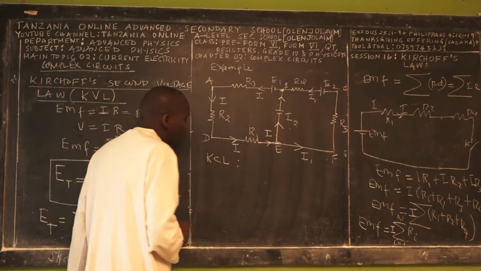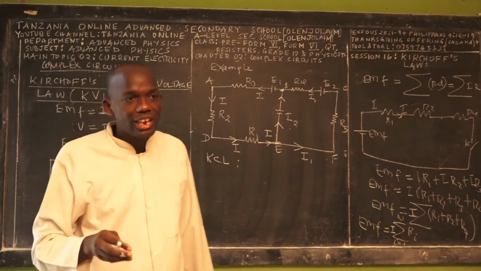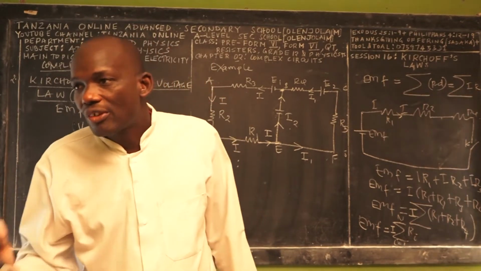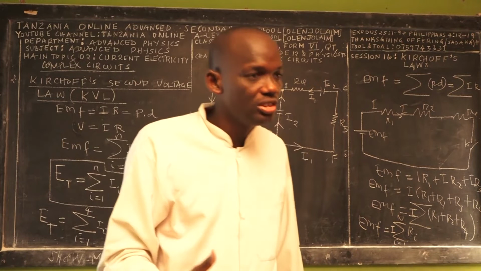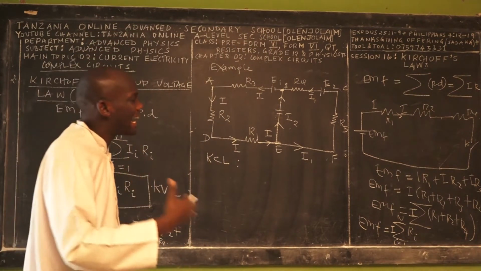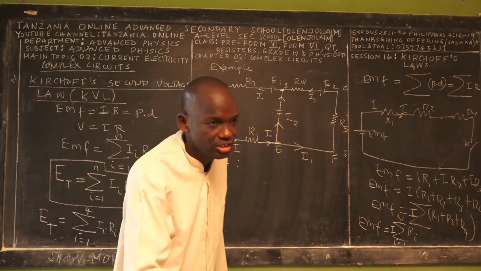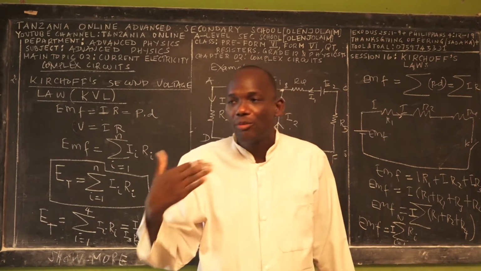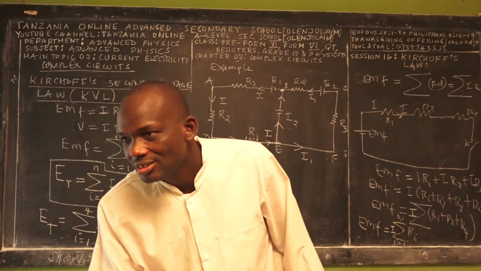Remember that Kirchoff's current law states that the algebraic sum of currents at the junction is equal to 0. Or the algebraic sum of the currents flowing toward the junction is equal to the algebraic sum of the currents leaving the junction.